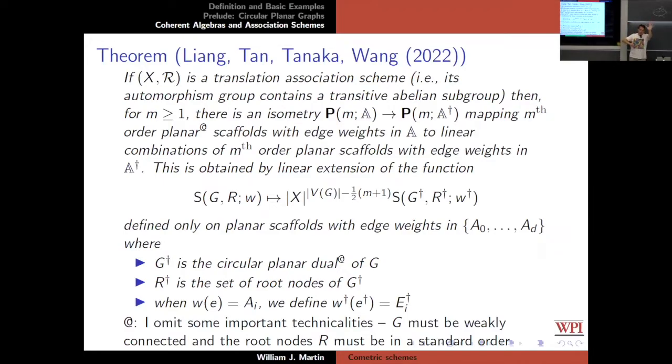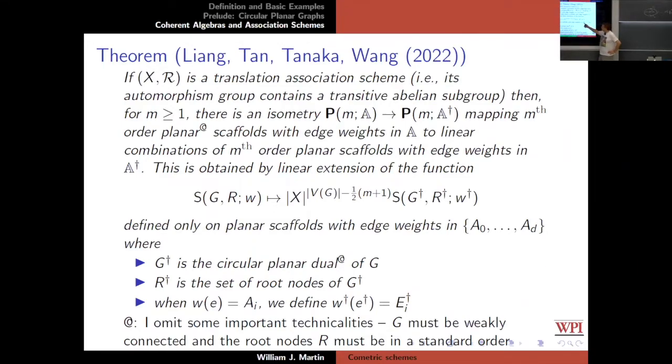Otherwise, if you get two different embeddings of the graph, you might not get the same rule. So assume that the graph is weakly connected, that is, the underlying undirected graph is connected. And there are some other things, like the nodes have to be put in a consistent, what they call standard order. So standard weakly connected planar scaffolds.